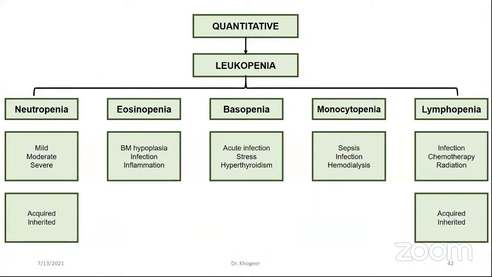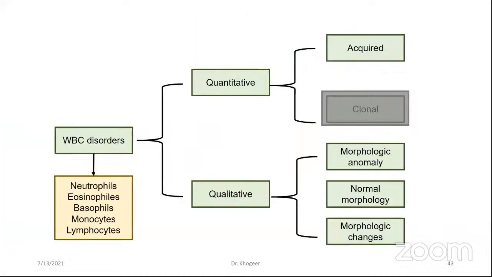And this chart again shows the quantitative disorders in leukopenia: neutropenia, eosinopenia, basopenia, monocytopenia and lymphopenia. So in the next slides, we will discuss some qualitative white blood cell disorders with abnormal morphology.